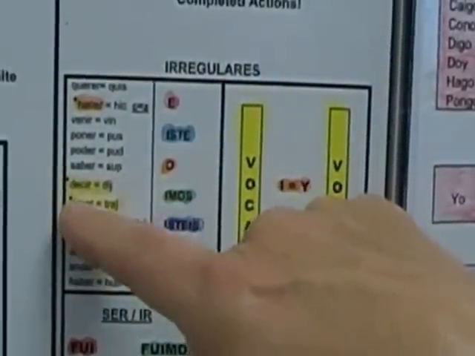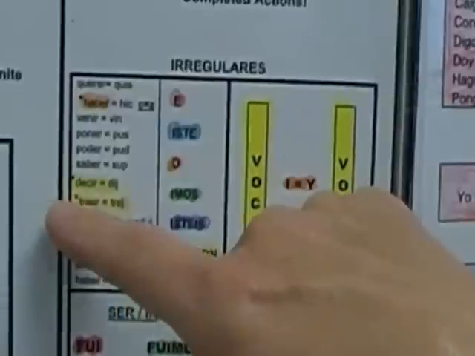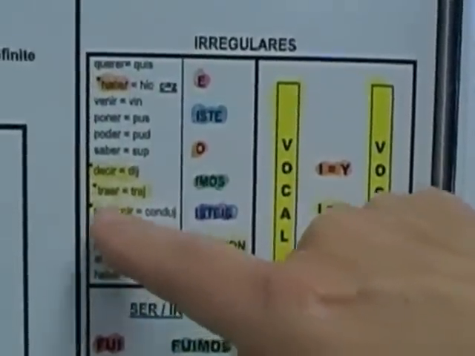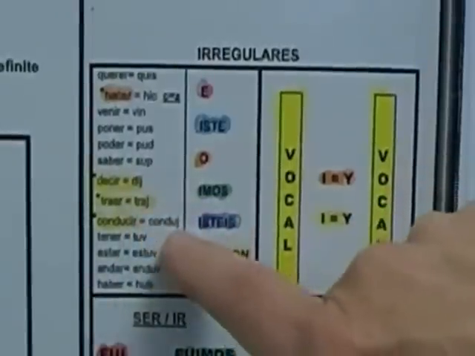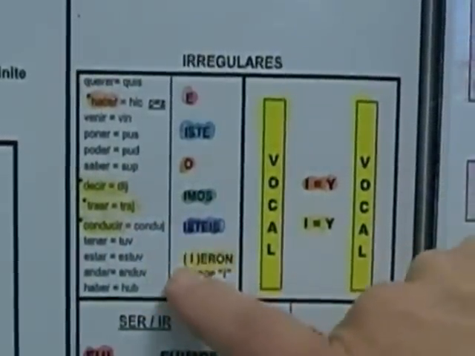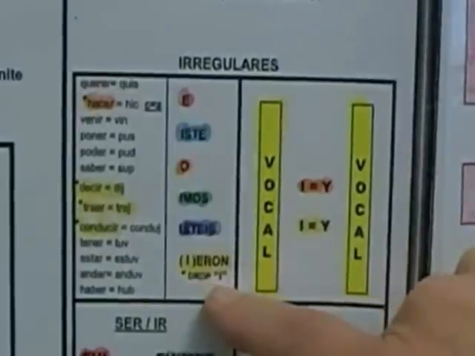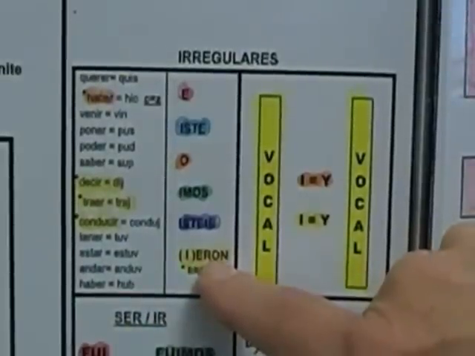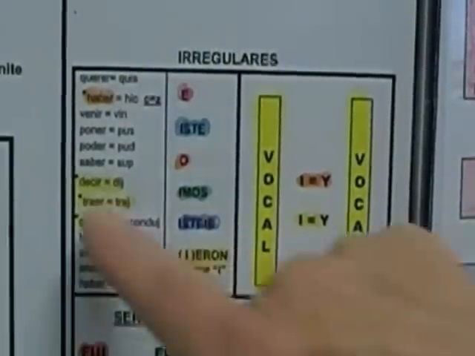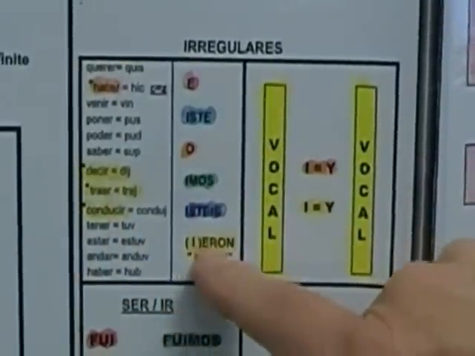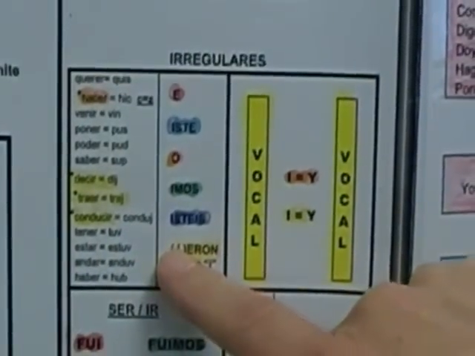For the 3 that are colored in yellow, decir, traer, and conducir, they all will do the same thing. You notice that they all end in a J, and down here you colored, this is yellow, but also the star is colored yellow that says drop the I. So normally we would have I-E-R-O-N for our ending, but because we have a yellow star on these verbs, they will drop this I and only get E-R-O-N, unlike the other ones in the chart, which will get the I-E-R-O-N.